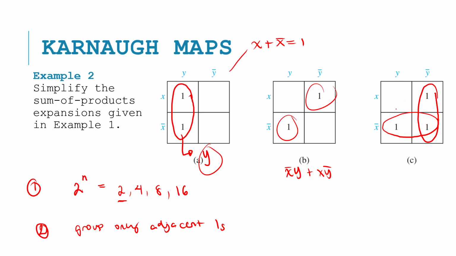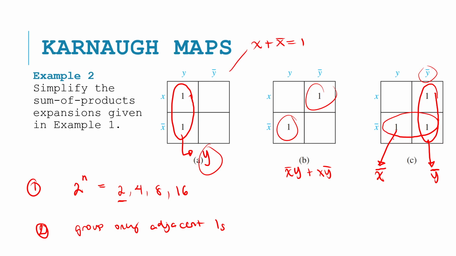If the variable and its complement are found in the group, that would automatically give us a 1. So in this case, for this group we have x and x prime, so we would only have left y prime. And for this group we have y and y prime, therefore we only have left x prime.